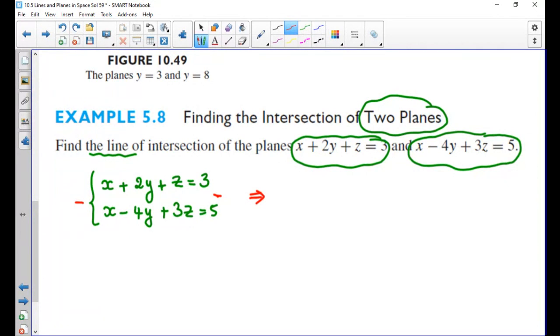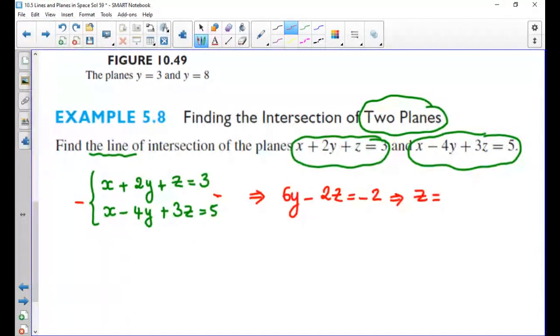How many y's are we going to get? 6y minus 2z equal to minus 2. I can get that. And from here, I can get this value of z as a function of y.